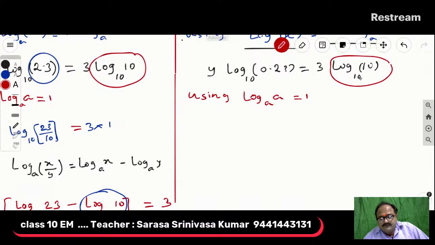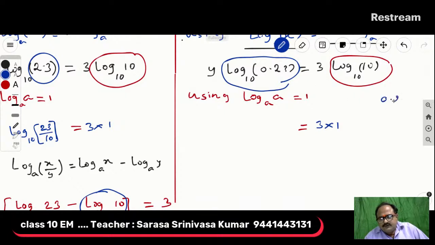So we can write the right hand side equal to 3 multiplied by 1, and on the left hand side we have log 0.23.